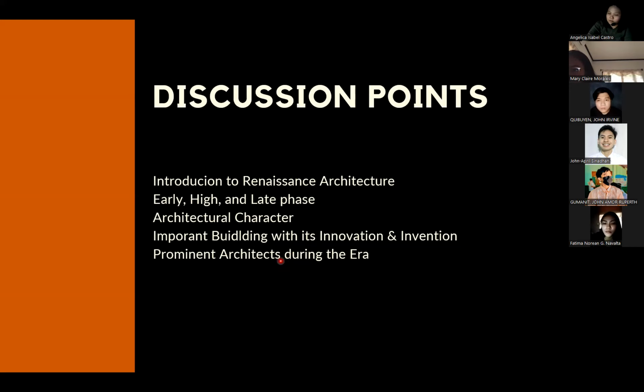Because during this time, we had what we call, this is the age of enlightenment, basically. So, a lot of people, a lot of talented individuals were able to push architecture as a theory and as a practice. So let's move on. Any questions so far? None?